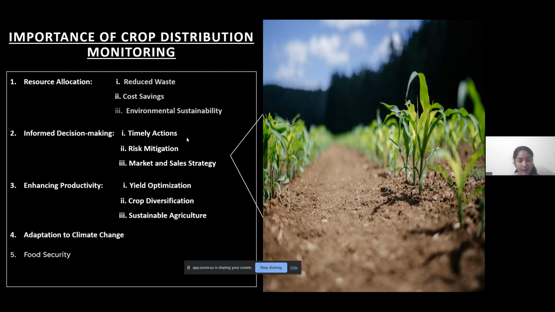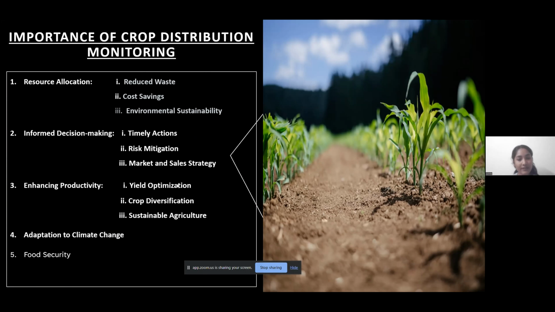And it also helps in market and sales strategies, as crop distribution data aids in devising market strategies, including pricing, storage, transportation, and planning. It also helps in enhancing productivity, as with accurate data on crop distribution, farmers can fine-tune their cultivation practices to maximize yields.